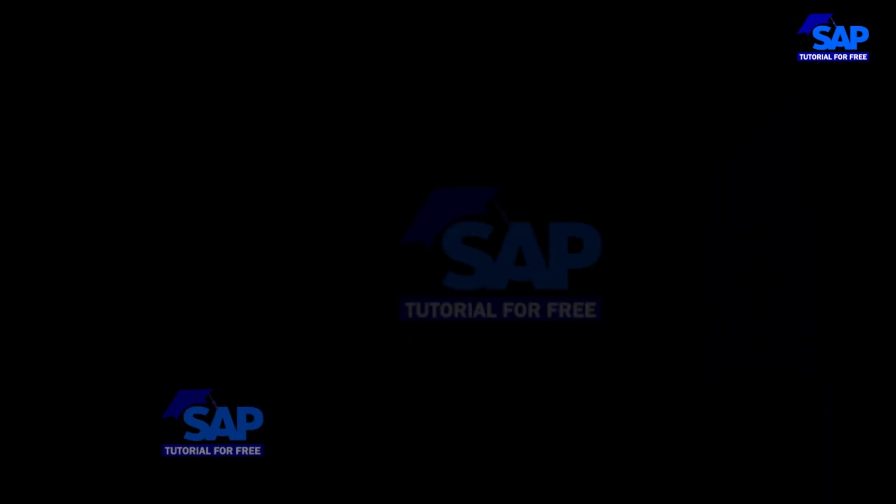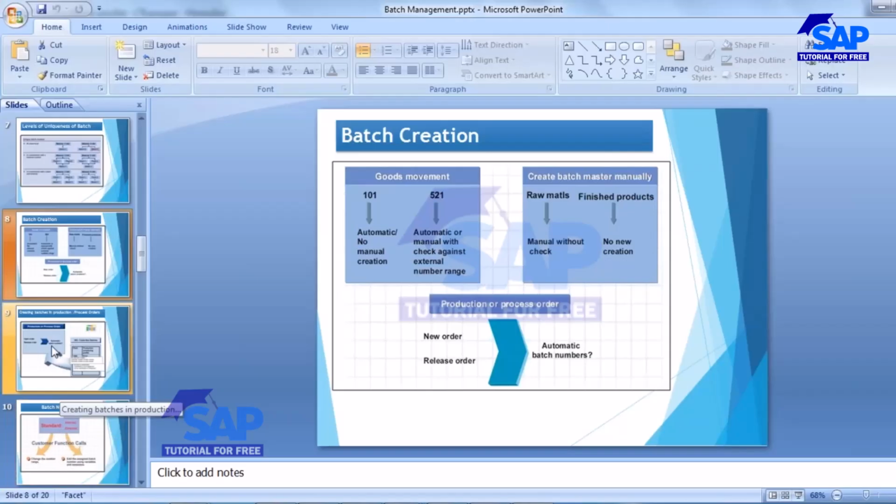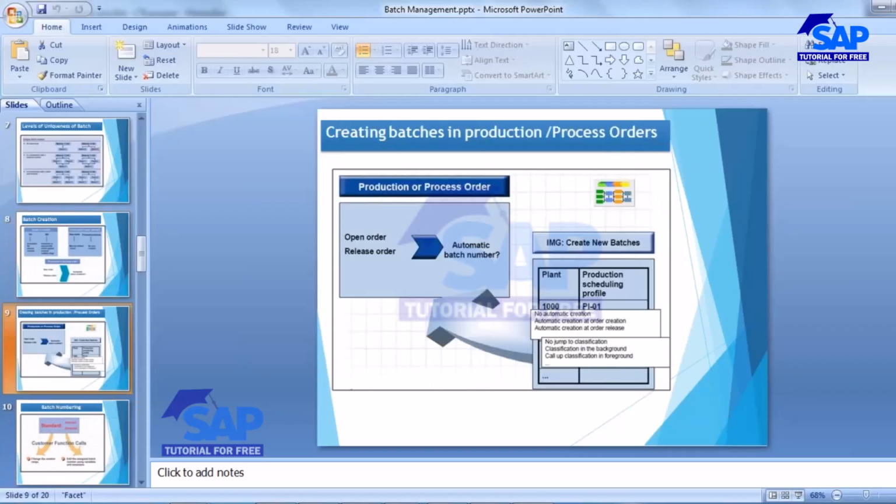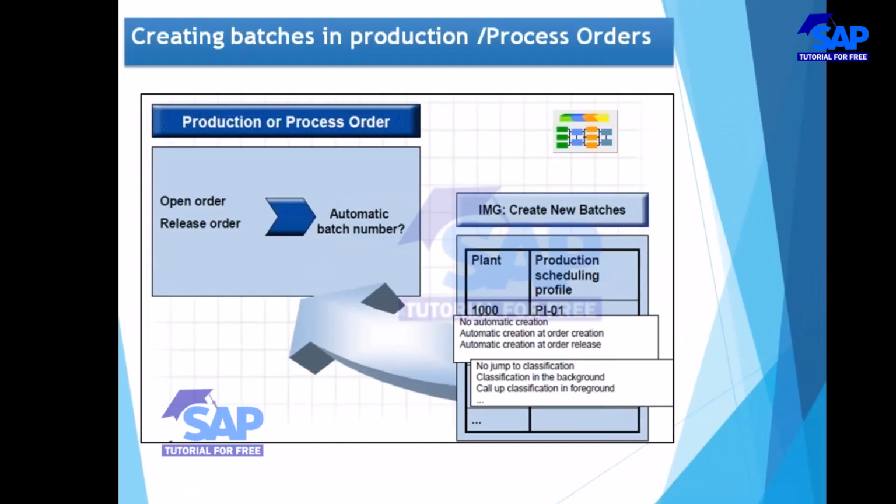Now, creating batches, this we discussed already, either during release or during manual assignment. You make the settings in the production scheduling profile. You can put no automatic creation, or you can make the setting as automatic creation at order creation or during order release.